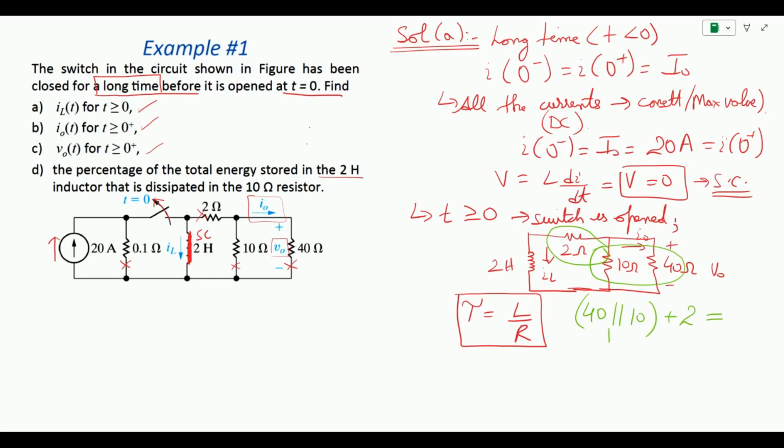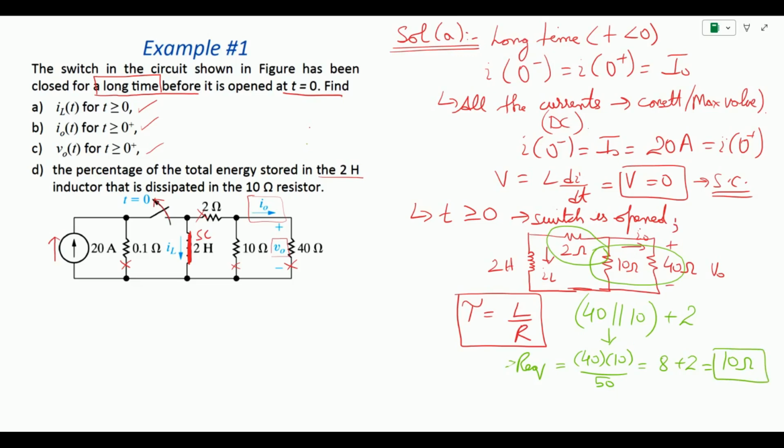If we solve this equivalent, it is 40 multiplied by 10 divided by 50, which comes out to be 400 divided by 50, and then you add the 2 to it, so it is 8 plus 2, which comes out to be 10 ohm. So the value of R equivalent comes out to be 10 ohm when we solve this circuit.